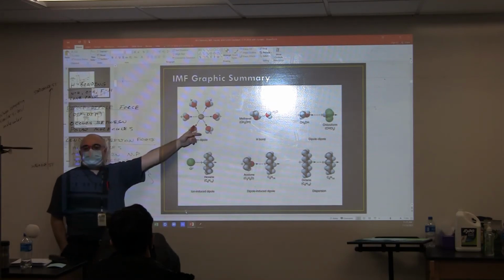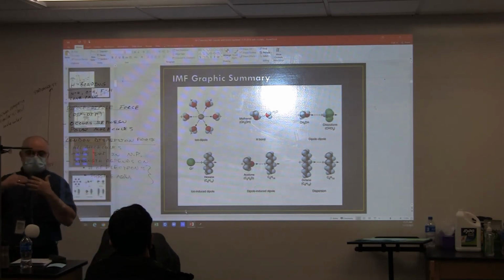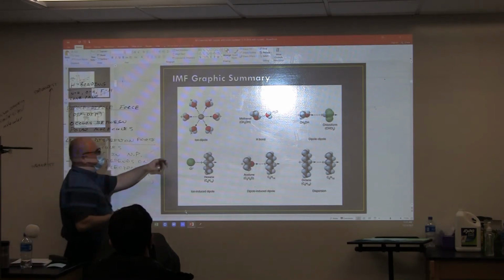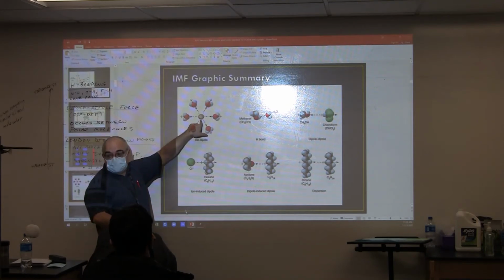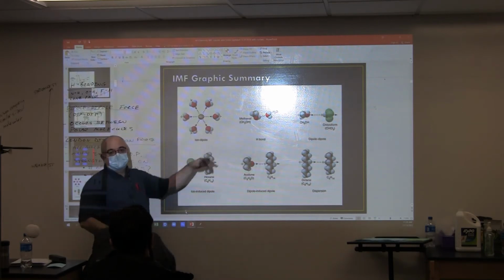This one's important when we talk about, if you remember back in Unit 2, we did ionic compounds in solution, and we talked about how water molecules surround ions. Well, there's a pretty strong attraction between a dipole and an ion, because ions are fully charged, and dipoles have charged ends. So we call this an ion-dipole force. It's even stronger than the hydrogen bond.